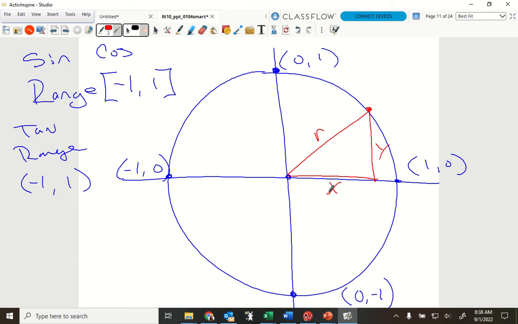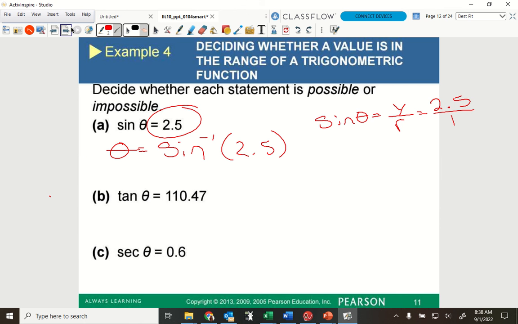And what represents c here? My r, right? The r has to be the largest side, every time. And what else do we know about the r? It's always positive, right?